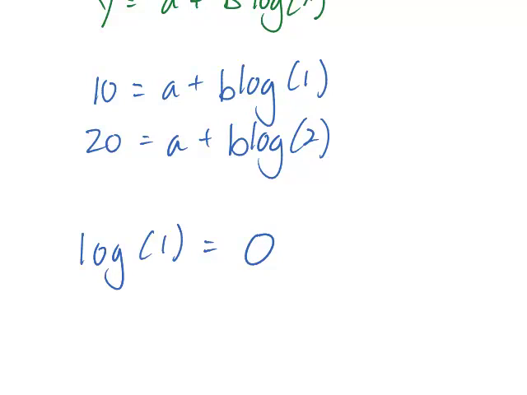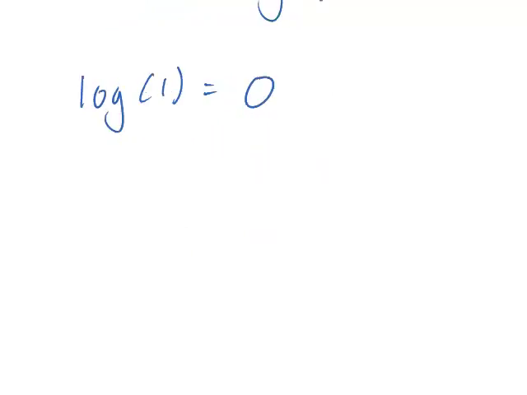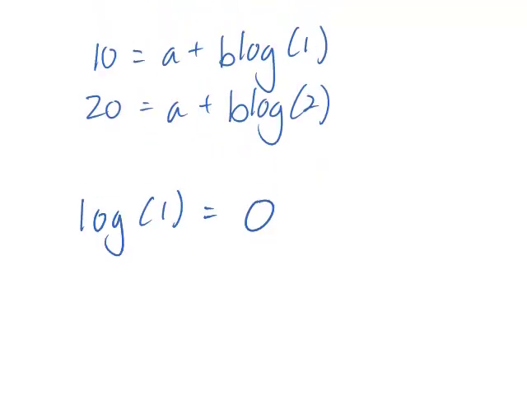Logarithmic functions have no y-intercepts, but they have x-intercepts, so that's kind of the easy point. Like in linear functions, the y-intercept is the easy point that you plug in. In a logarithmic function, the x-intercept, x equals 1, is always the easiest point to deal with.